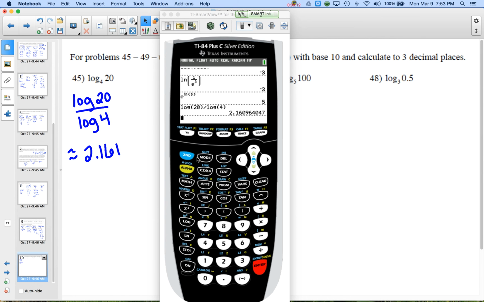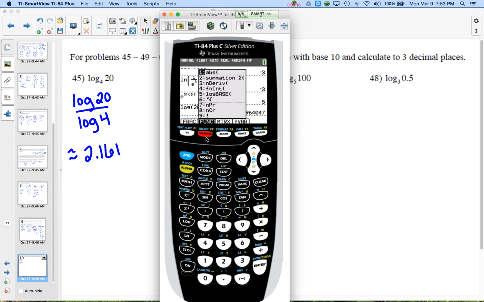Now, I want to show you something on your calculator that you can also do. With the newer versions of these calculators, it was this one, where it says log base, so it's second and then the F2 button or the window key.